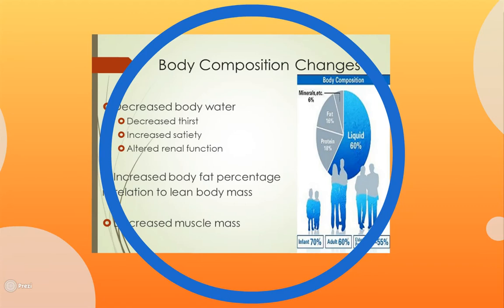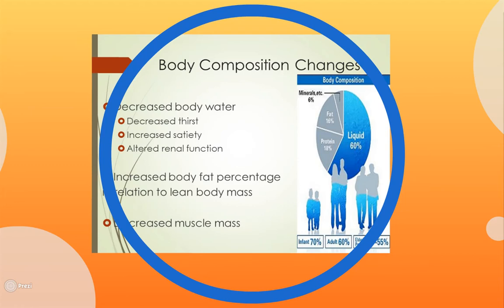And that had a lot to do with aldosterone and renin, and how those hormones in the RAAS system actually function. They have increased satiety, so that means that they get full sooner. They also feel like they're not thirsty sooner, and their renal function is decreasing.